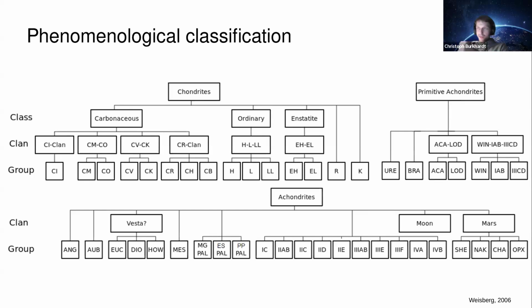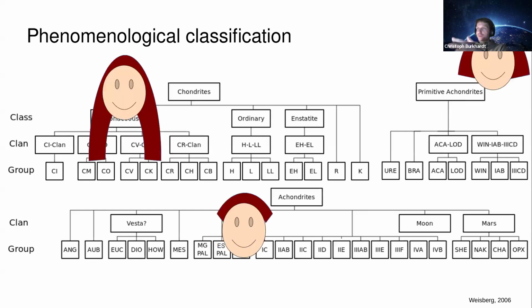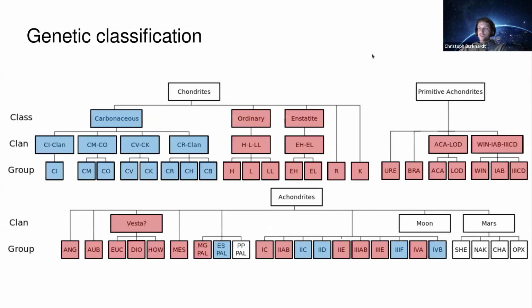And in a way, I'm exaggerating here, but this is kind of when we classify people by looking at their haircut. So some have long hairs, some have short hairs, and some have maybe middle long hairs. And this does not tell us anything about the genetic relationships of these people. So these isotope anomalies really allowed us to look for genetic links between differentiated and undifferentiated meteorites.